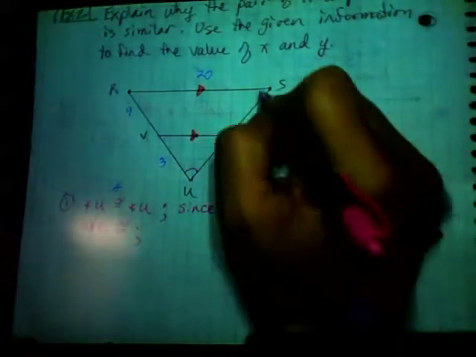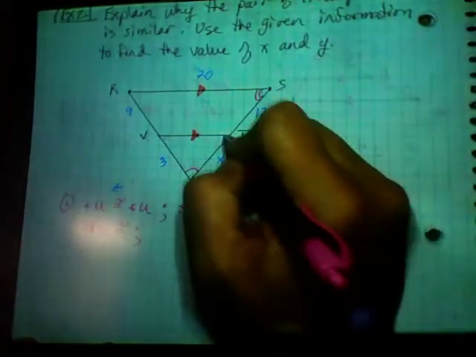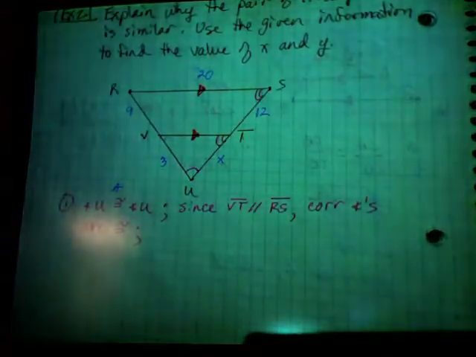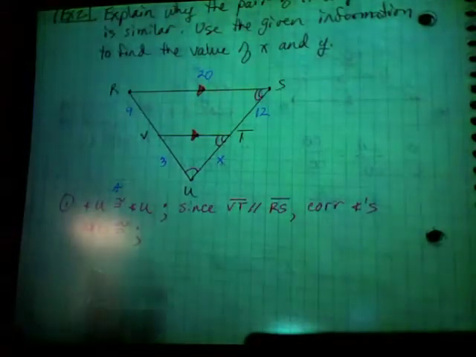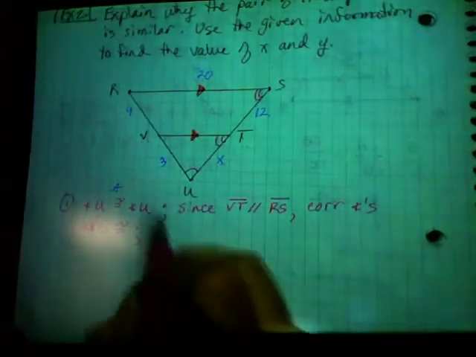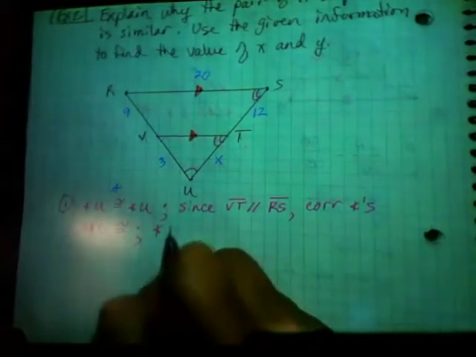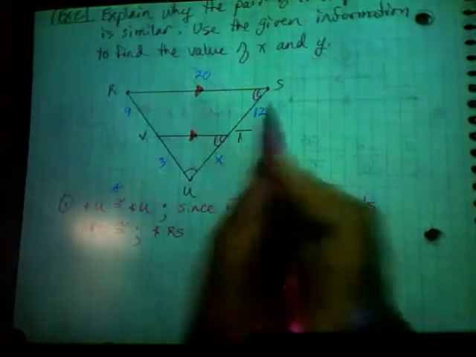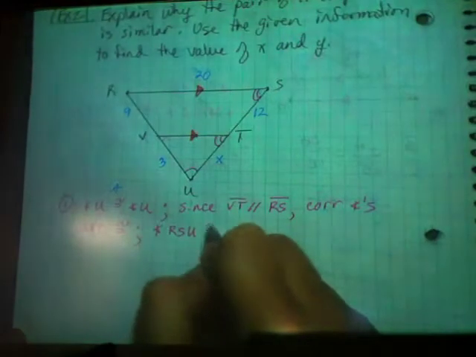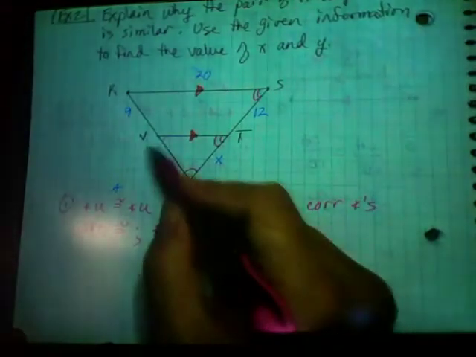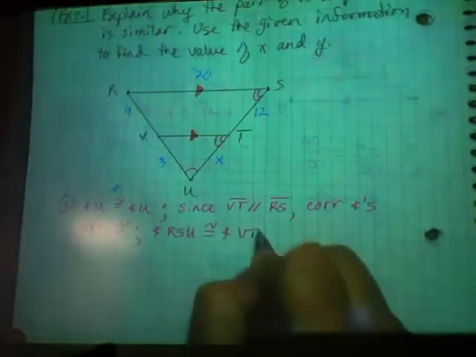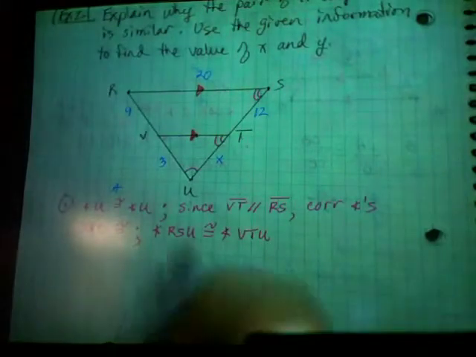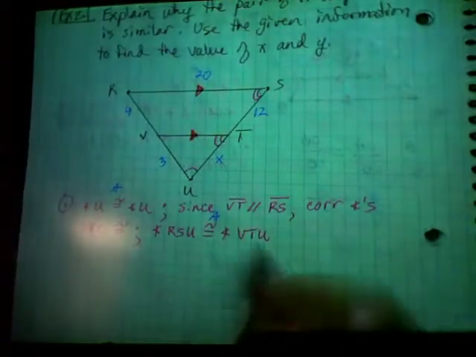So I'm going to choose this set along with this set. Aren't those corresponding angles? So because of what I said here, I can now claim that angle RSU is congruent to angle VTU. Semicolon.